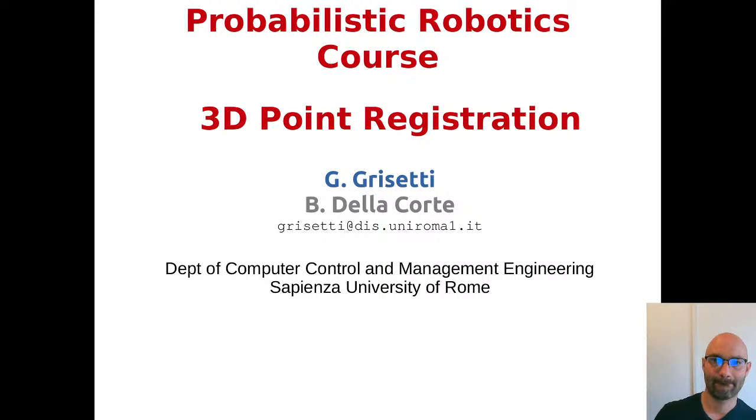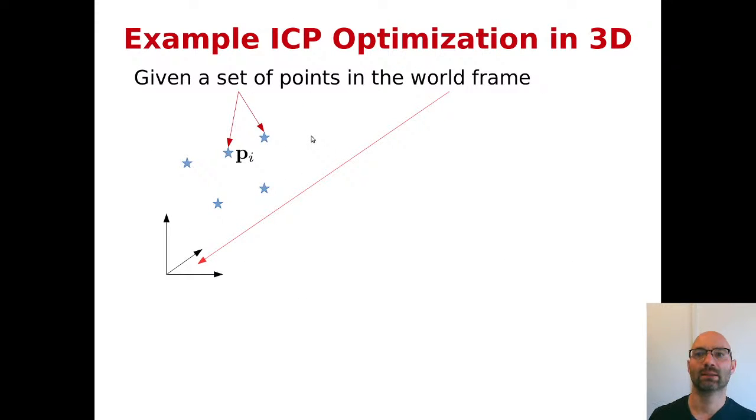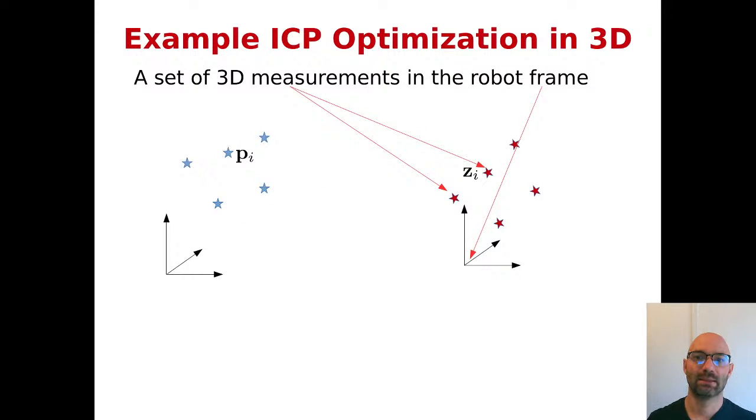The introduction of what is point registration was done last time. I will now just repeat it for completeness. The idea is that we have a given set of points in the world frame, which means that we know these points. We have a device that is able to observe these points in its own reference frame.